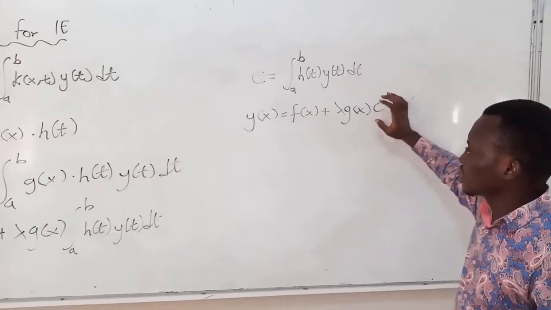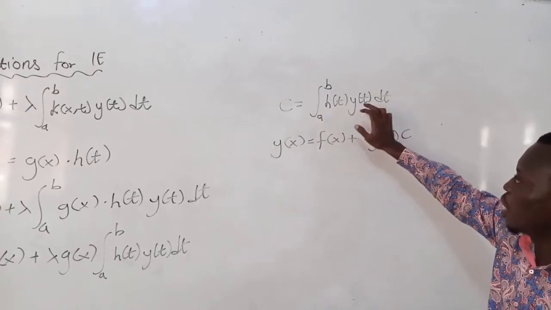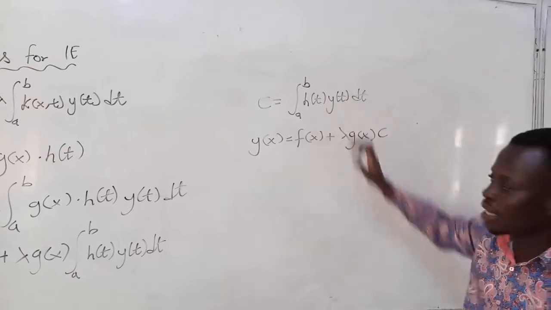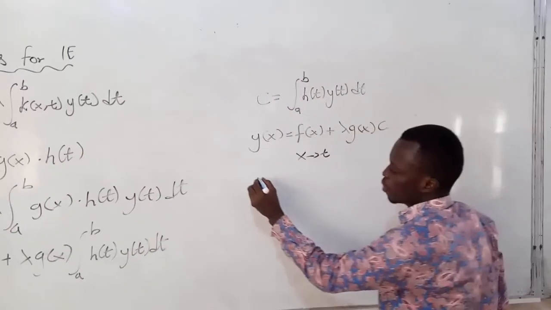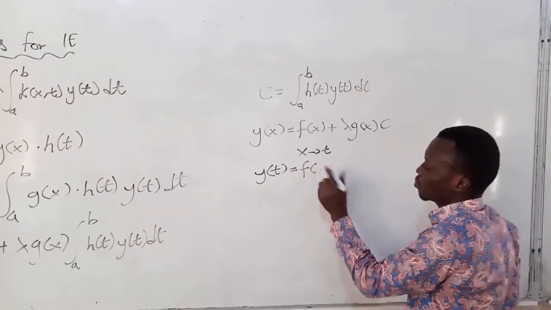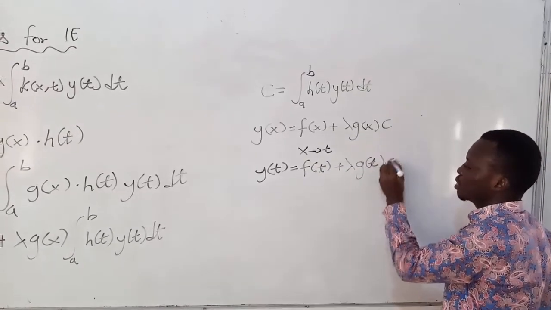So to compute this constant c, let's come here. The c is equal to integral from a to b h of t y of t dt. Then since here is y of t, a variable of t, let's interchange the s to t. Then we're going to have y of t equal to f of t plus lambda g of t c.